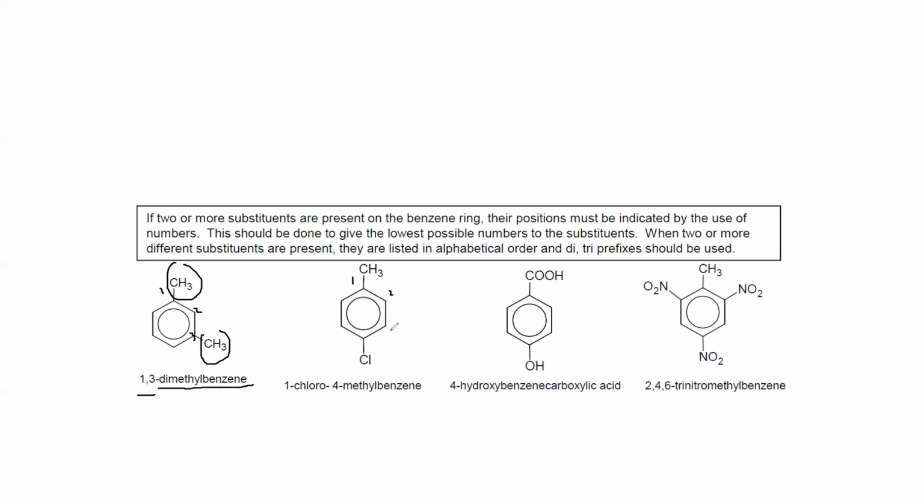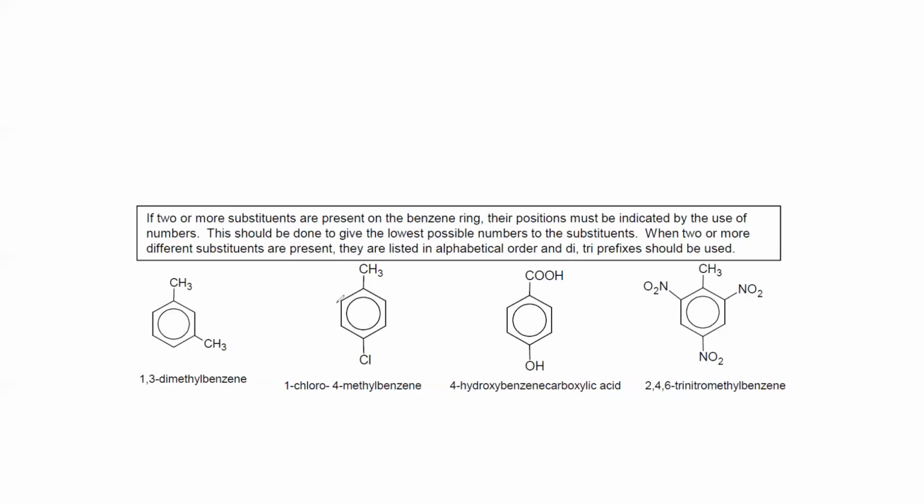What about this one? 1, 2, 3, 4, 5, 6, or if I count the other way around, 1, 2, 3, 4, 5, 6. Both ways it comes at position 4, but then we follow alphabetical order, so that's why it is 1-chloro. The counting depends on the priority group, meaning which group we give priority, because that group affects the chemical properties, which you will also learn.